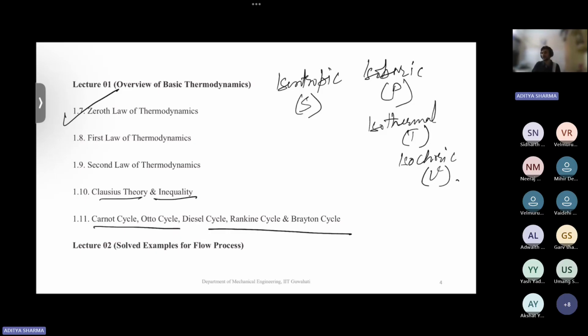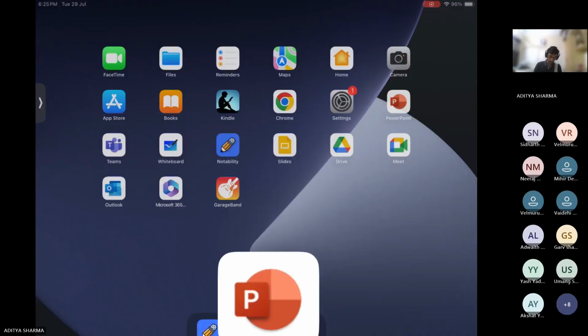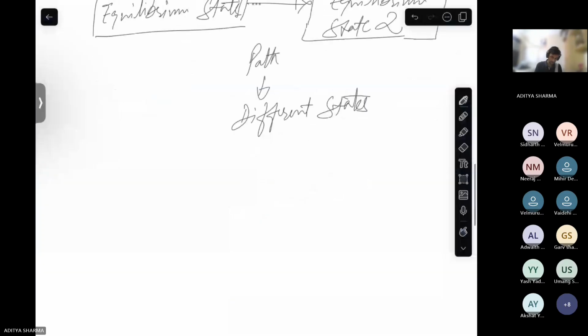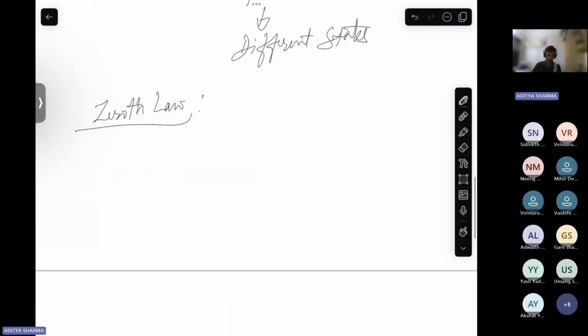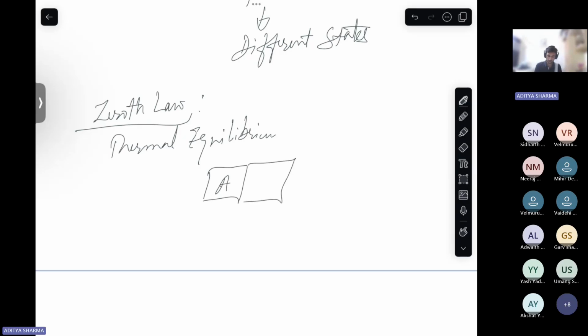Zeroth law basically is, what is zeroth law? This talks about thermal equilibrium, right? If one system is in equilibrium with another system, something like this.